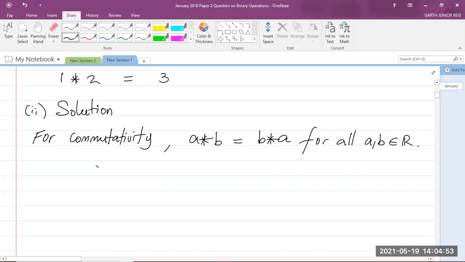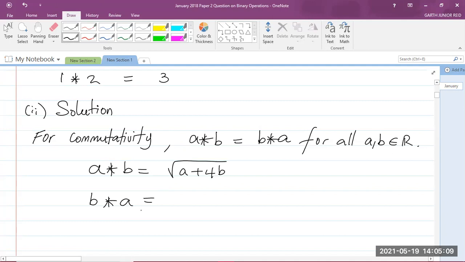Remember that A star B is equal to the square root of A plus 4B. So what would B star A be?